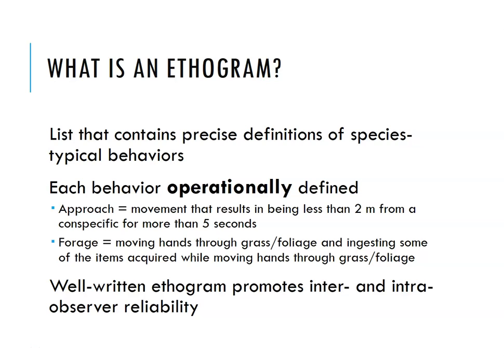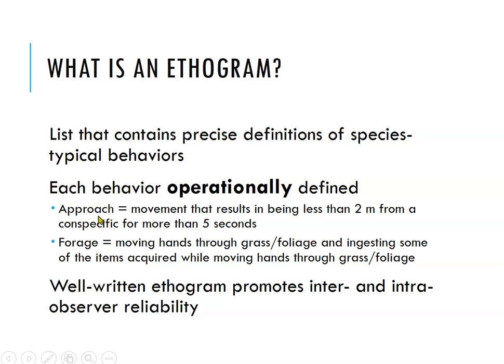So you can call a behavior an approach, but what does an approach really mean? And you'll define that operationally as movement that results in being less than 2 meters from a conspecific for more than 5 seconds. That would be considered an approach. Maybe in opposition to that, you could have a chase.